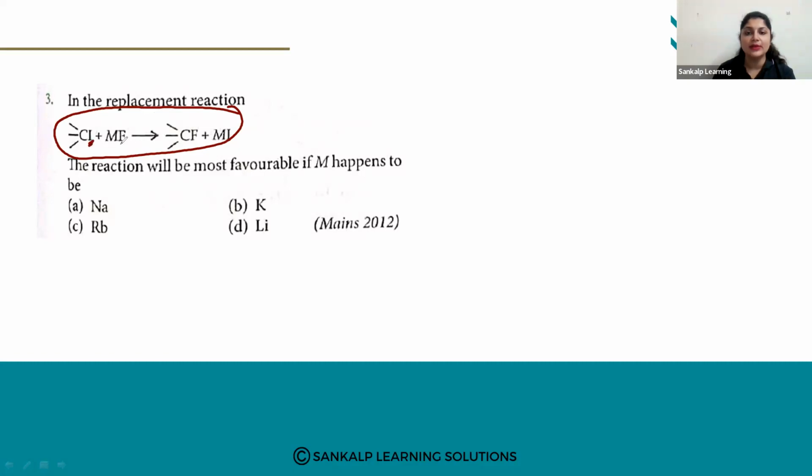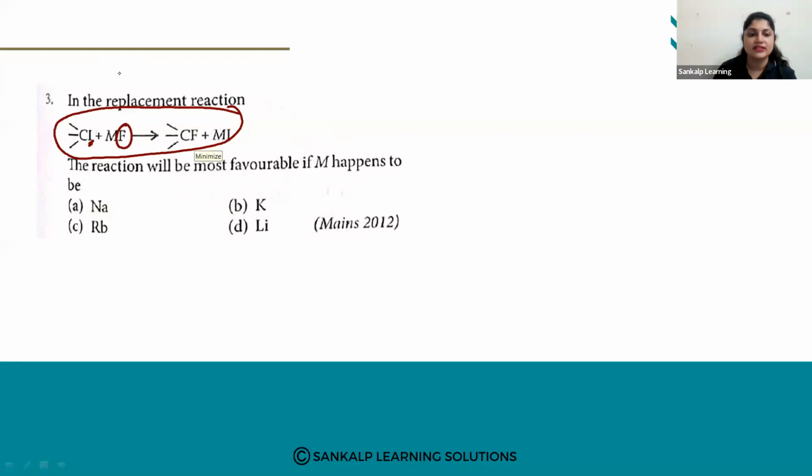It's one of the name reactions. You can see CI is iodine, iodo, and F is fluoride. There is a replacement reaction between iodine and fluorides.